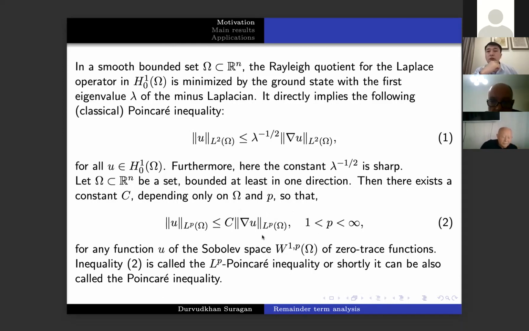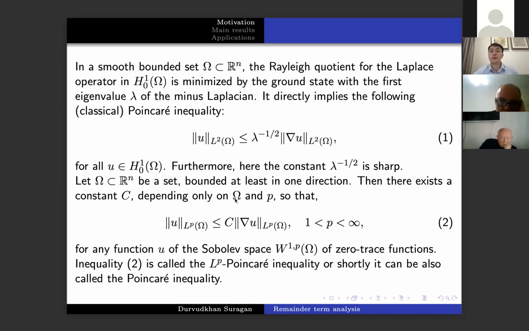In general, it's a hard task to find a characterization of the constant C, because it depends on omega and p, and indeed on the geometry of omega. For example, if we change the shape of omega a little bit, then the constant changes. That makes it difficult to characterize this constant in general.